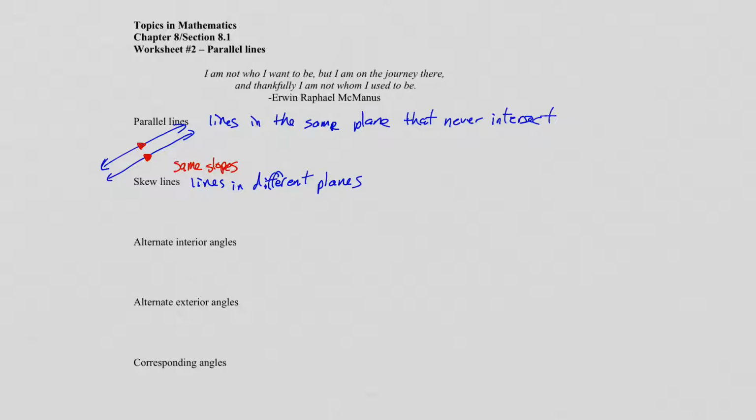So parallel lines are in the same plane, skew lines are in different planes that never intersect. How is that possible? Well, the only way I can really explain that is in a picture, and it has to be three-dimensional. So let me illustrate.